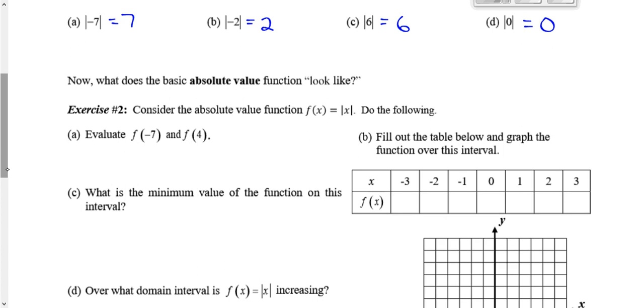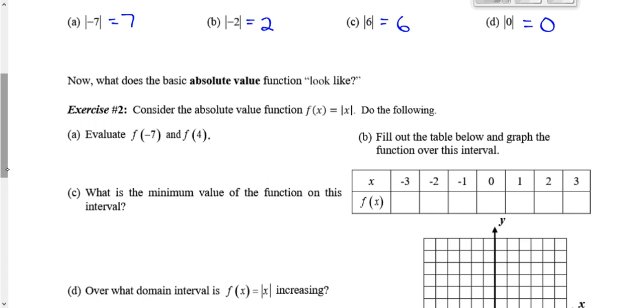Now we're going to graph the absolute value. Before we graph, let me think about this. If the output is never negative, what do you think the graph might look like? Positive? Meaning what? Physically, where would that graph end up being? Would they go below the x-axis ever?